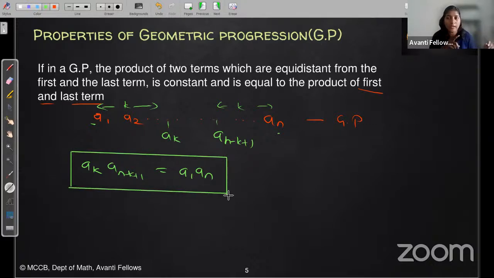It was sum, right? So in the case of geometric progression, it will be product. So is it clear to you all? Any doubt in this? If there is no doubt in this, then we'll move ahead.